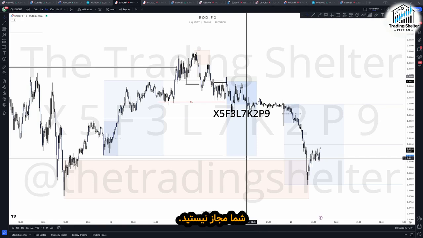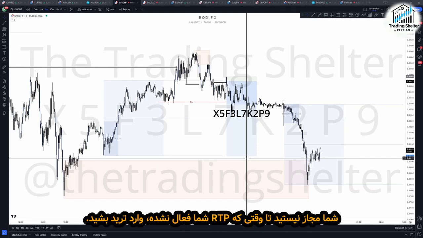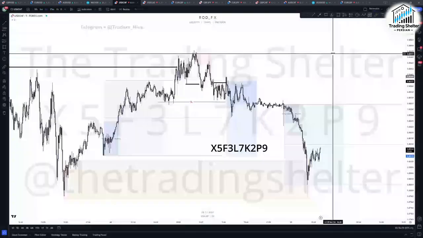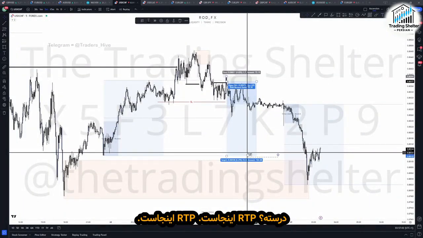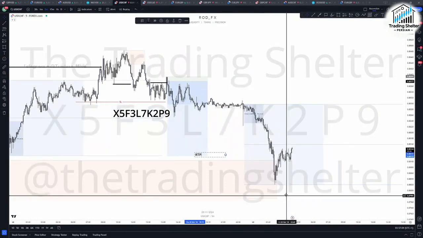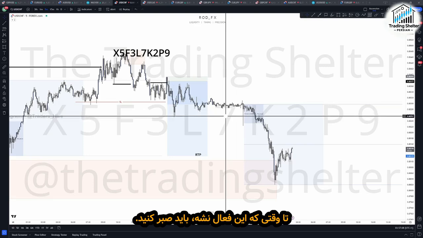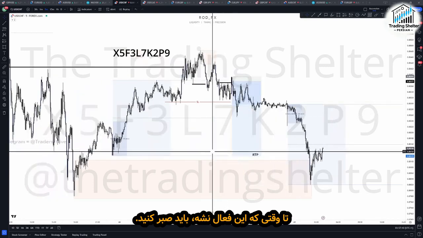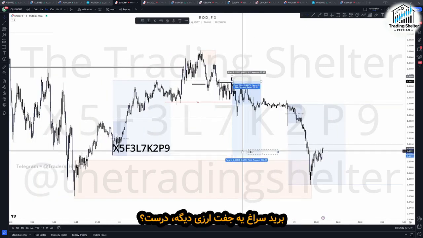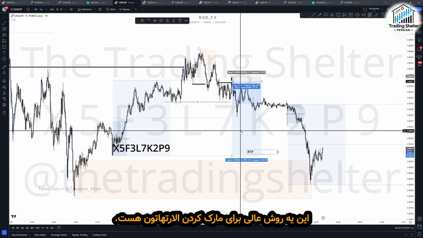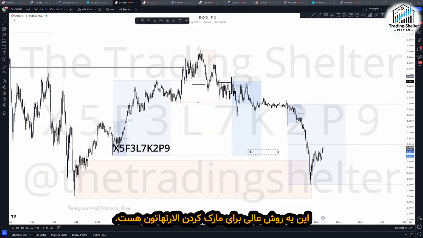You are not allowed, put it in the rules, you're not allowed entering trades until your RTP is hit, right? RTP is here, RTP is here, alert. Now if you want to look for buys, fine. Until it's hit, you have to wait. Go to another pair, right? This is a perfect way to mark up your alerts, okay?